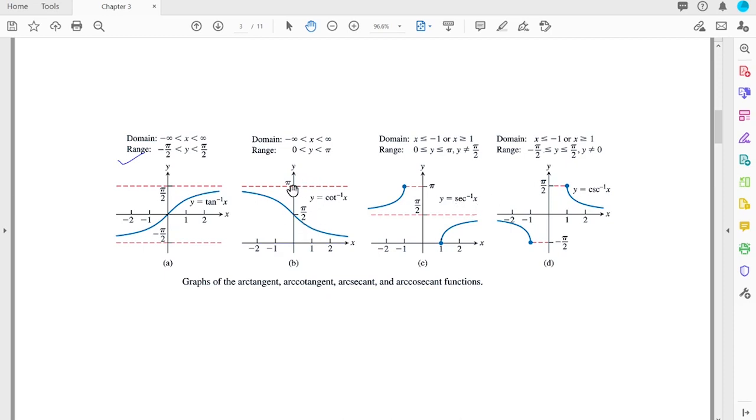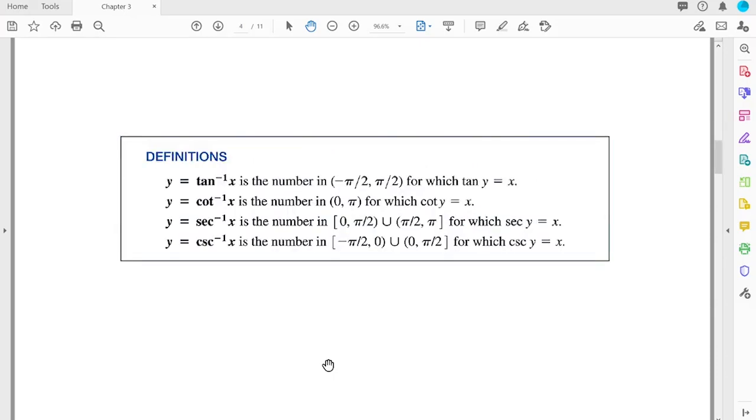And this is the domain and range for cotangent or arc cotangent. So we have to know this information before we try to find the derivative of the function. If you don't know about these trigonometric functions, then go back and review this material. Okay, so now the definition: y equal tan inverse of x is the number in this domain for which tan y equal x.